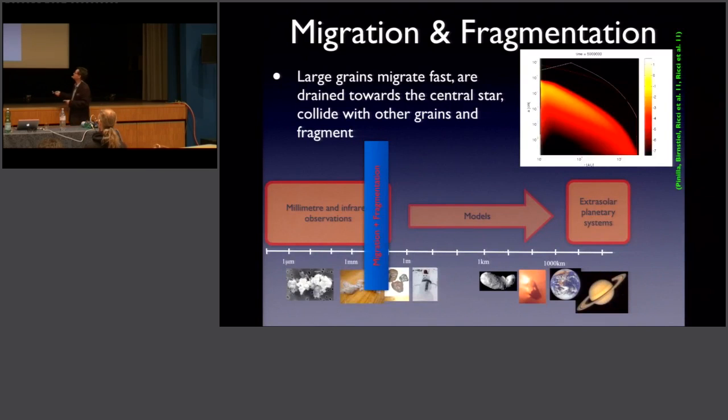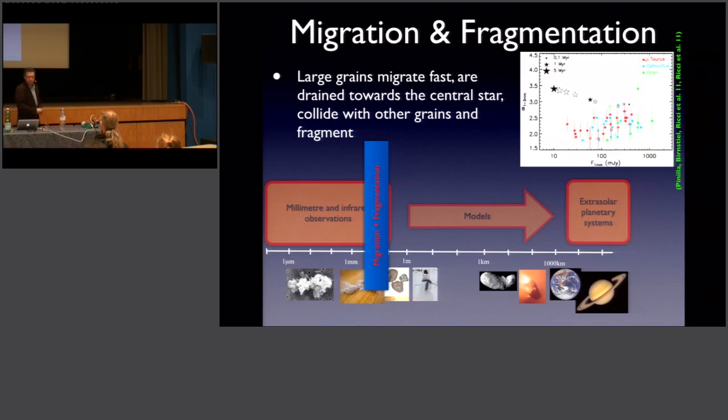And so you have the so-called migration-fragmentation barrier, which produces what you see here if you saw the movie: the grains initially grow and then the maximum size goes down again because the large grains are removed toward the star and fragment. If you put these models on the plot that I showed at the beginning, this is the same plot with different colors, the flux and the spectral index. Here are the measured points, and up here would be the interstellar medium.